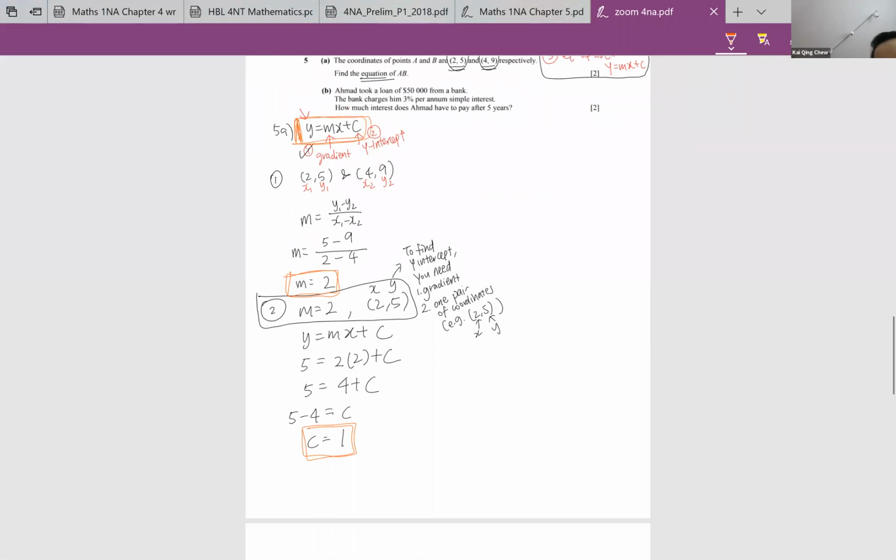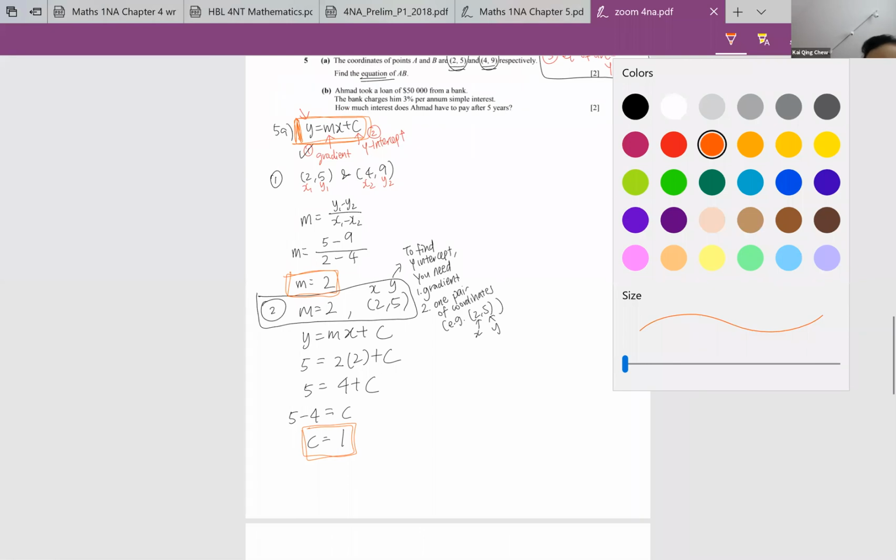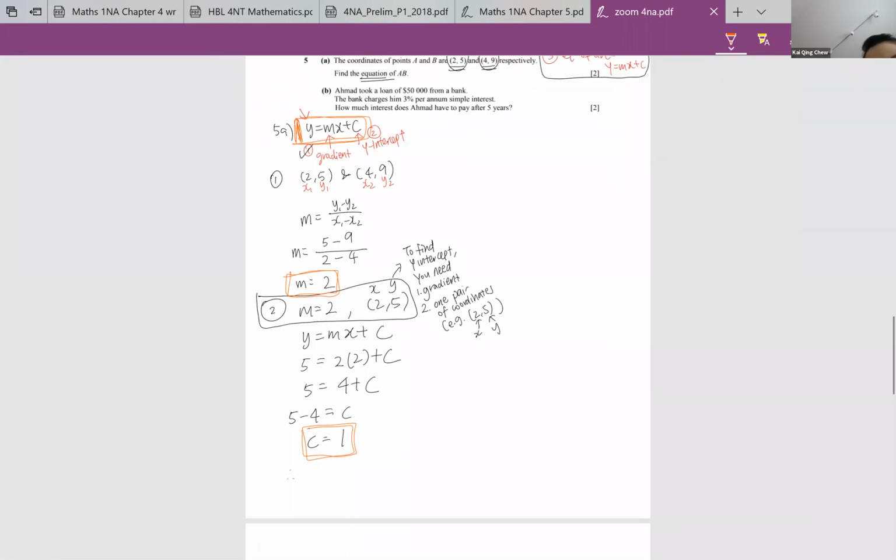So my final answer would be y equals 2x plus 1. This is my answer, the equation of the line AB. Are we okay?